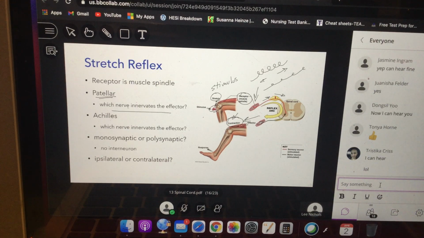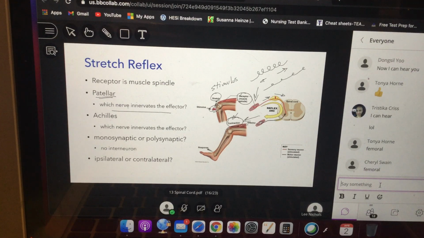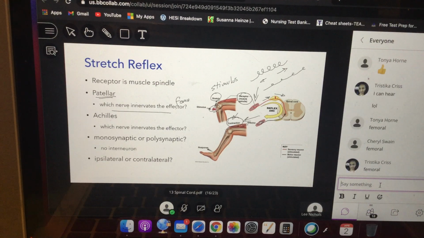You may not have had time to review it or study it yet, but what nerve innervates the muscles on the anterior thigh, on the front of the thigh? What nerve? Yep, the femoral nerve. So the answer to that one is femoral. That's because the effector of this one is basically what we call the quadriceps muscles, or sometimes we just call them the quads for short, those muscles on the front of your thigh. That would be the femoral.